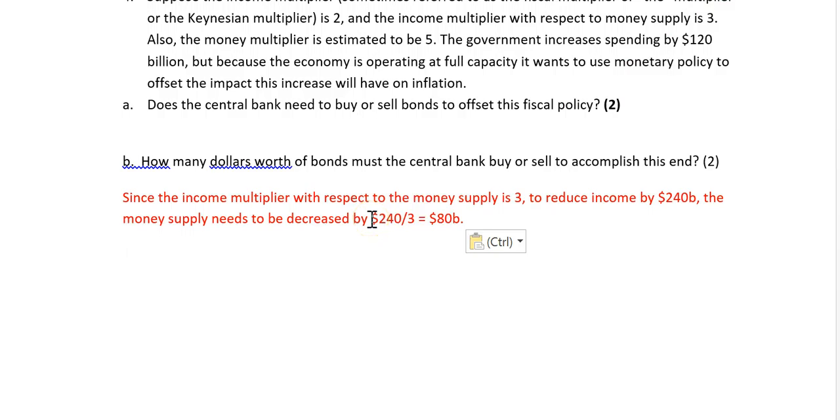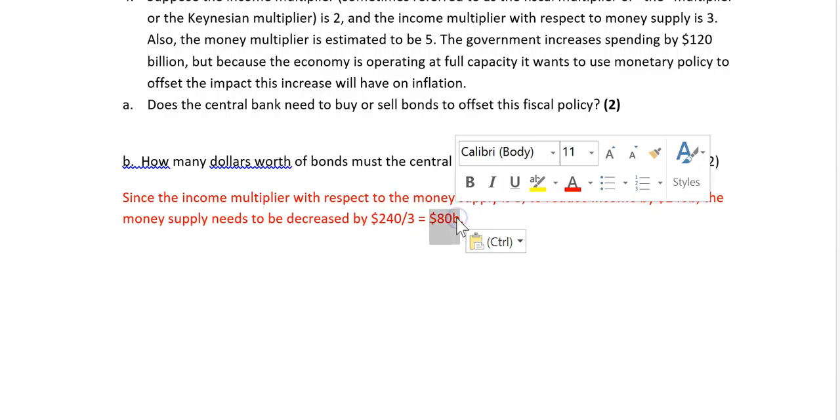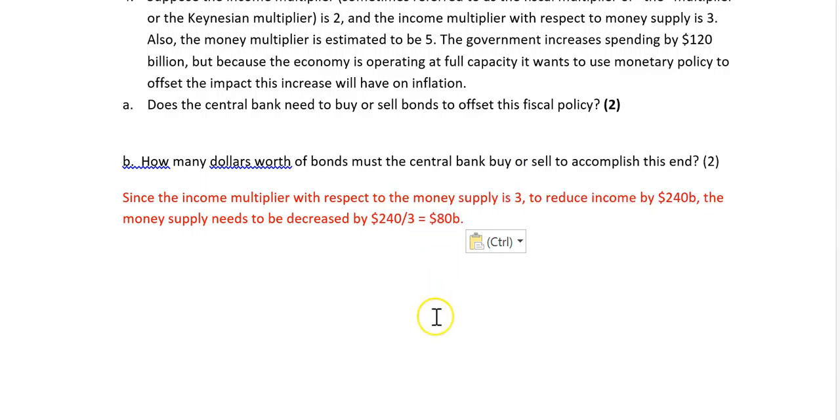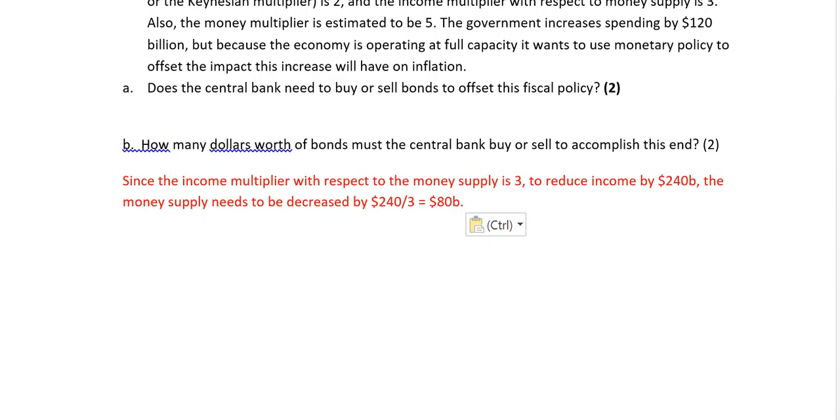Usually we multiply, but in this case we're dividing because we're doing it the opposite. We're taking money out of the money supply. So how much do we need to shift the aggregate demand curve to the left? By 240 billion. Well, we only have to decrease the money supply by 80 billion.